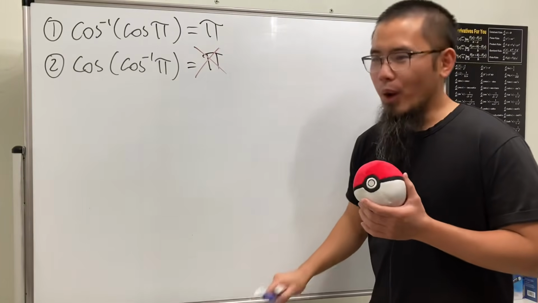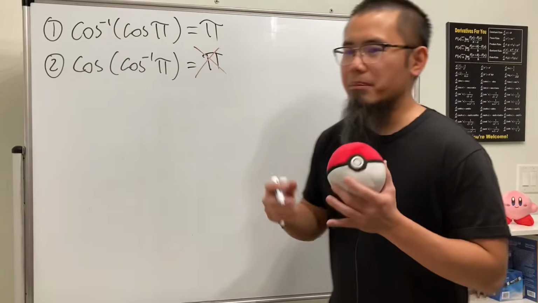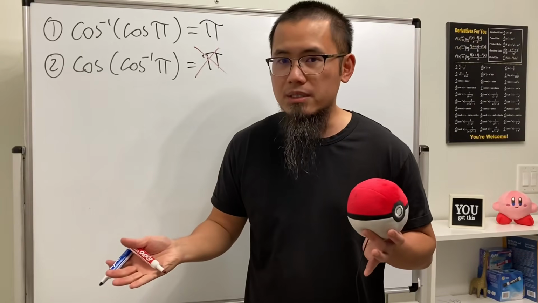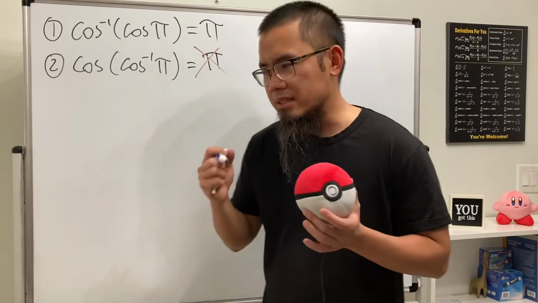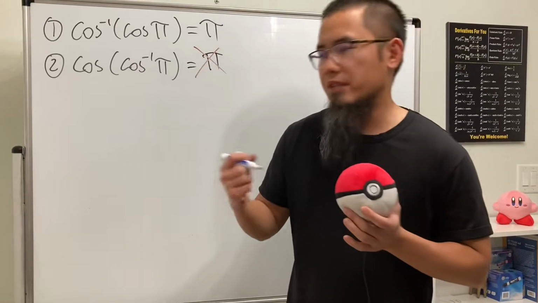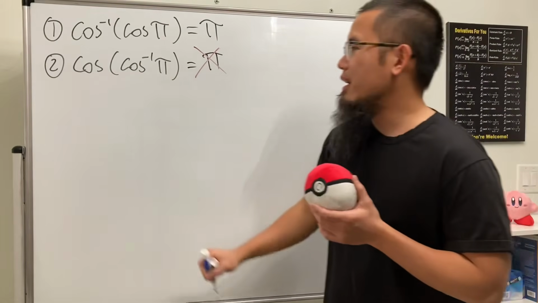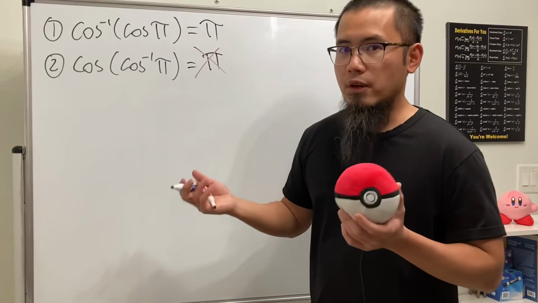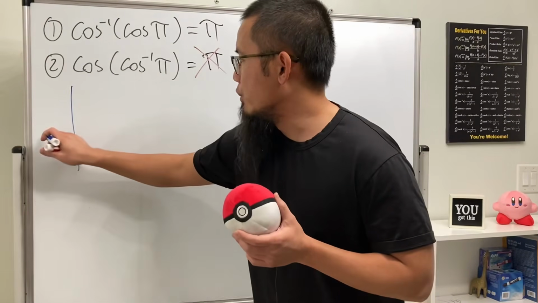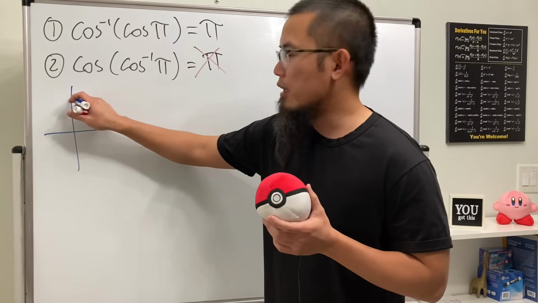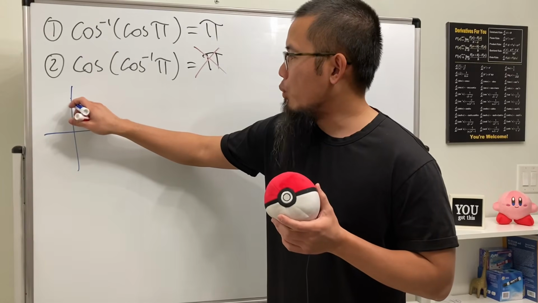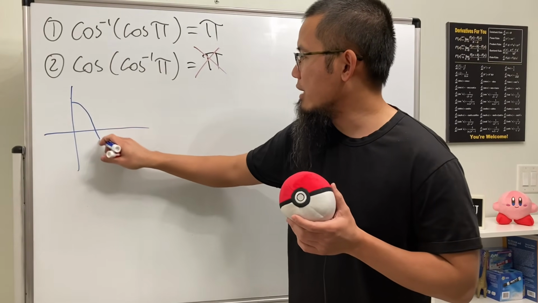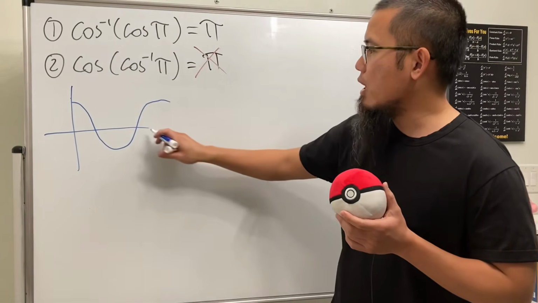Well, here are all the details that we have to talk about, and the main topic of all this is the domain, and specifically it's the domain to have an inverse. So have a look right here. Let's take a look at the graph of cosine. We know that it starts right here at 0, 1, and then goes down and then up and so on.